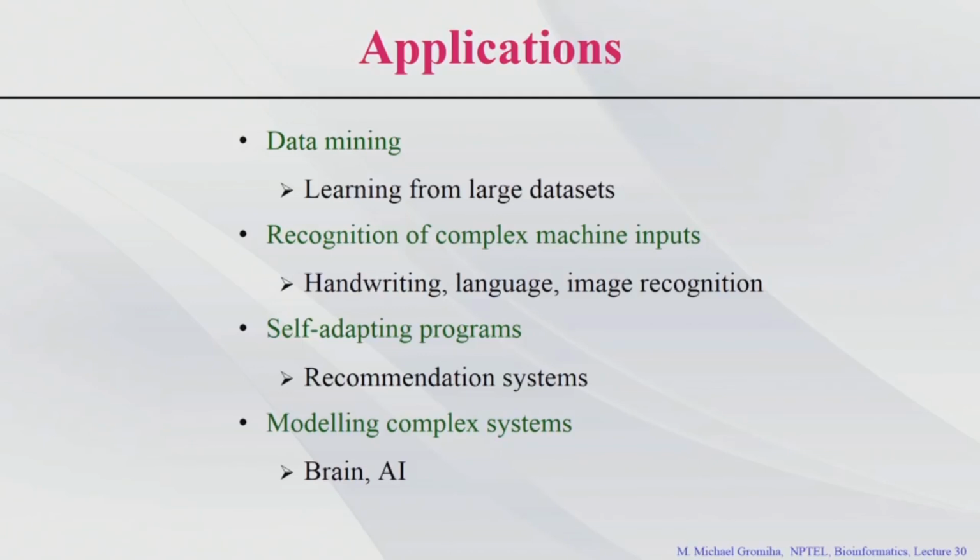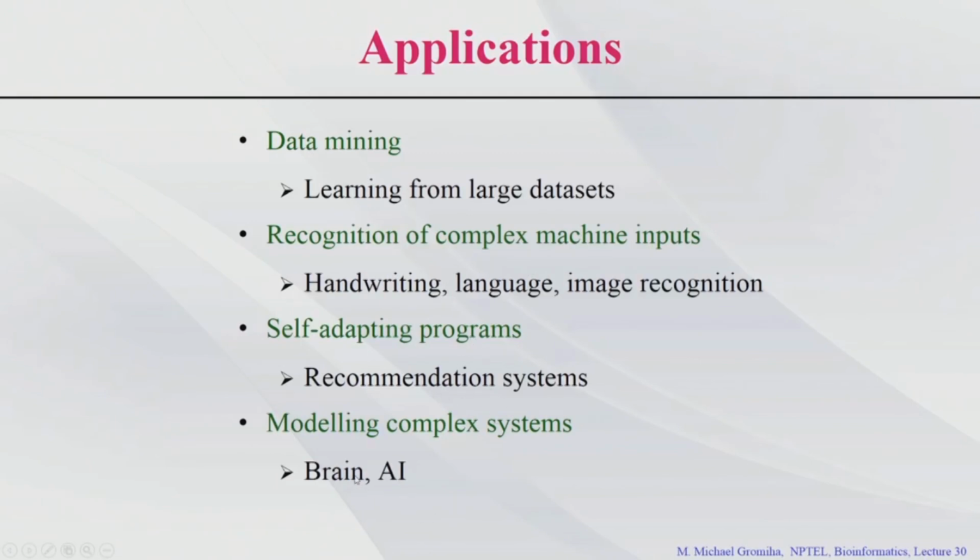It learns from very large data sets and you can derive the features to get the performance we require. For example, the recognition of complex machine inputs like handwriting, language and image recognition: you can read these images and correctly tell what they mean, in different handwriting languages. Then there are self-adapting programs like recommendation systems, as well as modeling complex systems.